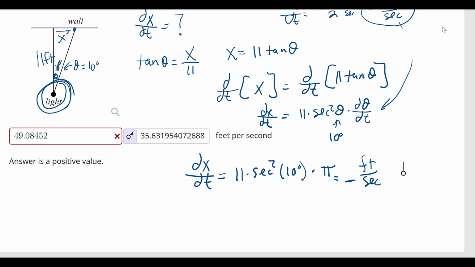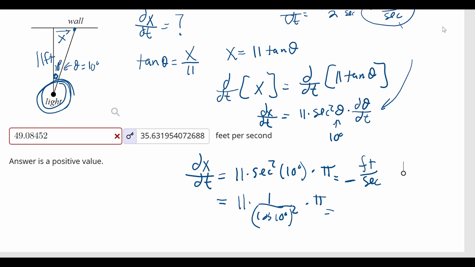Okay, let's put it in here. When I do this in the calculator, secant is not a function on my TI-84 calculator, so I'm going to have to do 11 times 1 over cosine of 10 degrees, making sure the calculator is in degree mode. We square that amount, we multiply by pi.